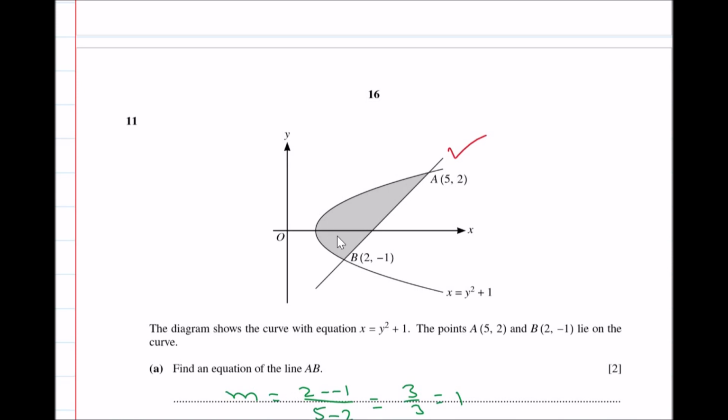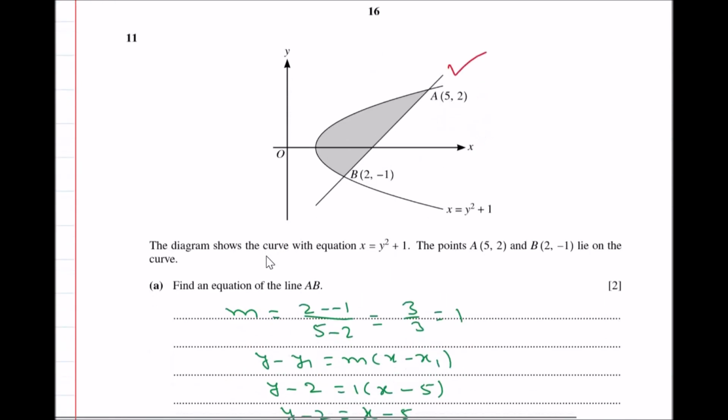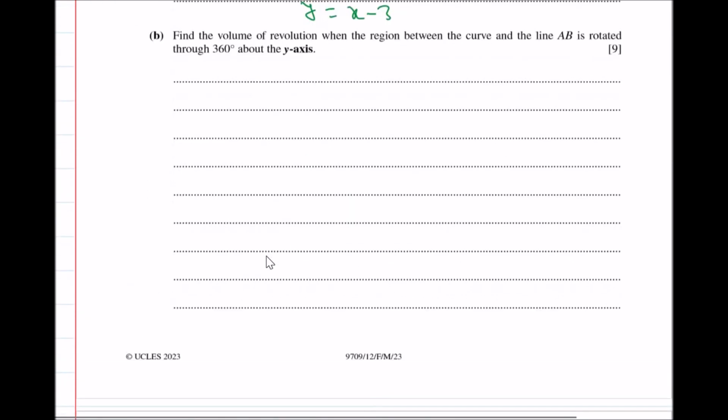Okay, so we'll find first, using the equation for the line, volume 1 and then volume 2 for the curve, and we are rotating about the y-axis. Okay, so let's see.